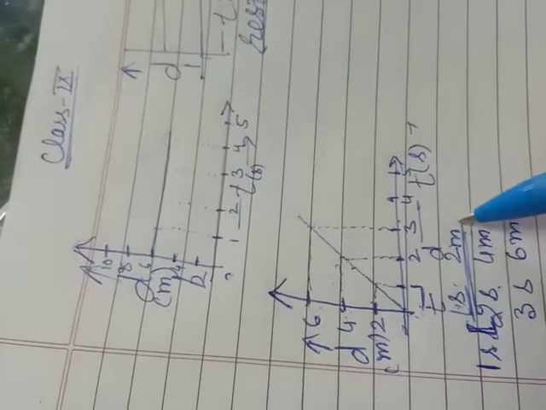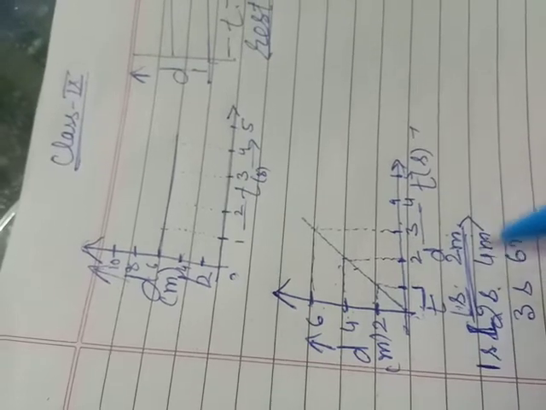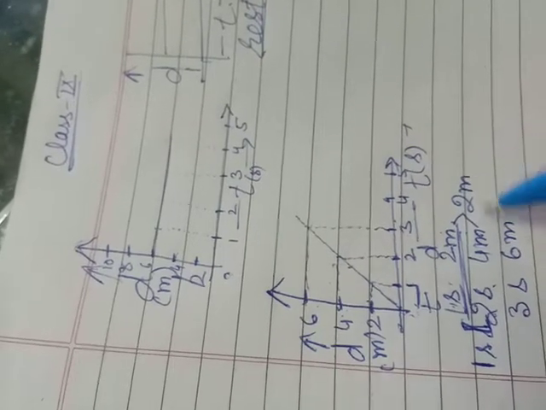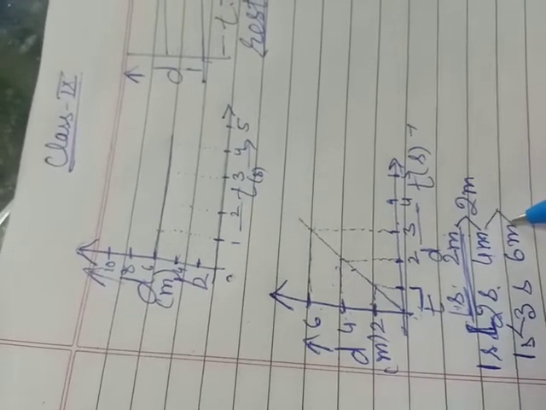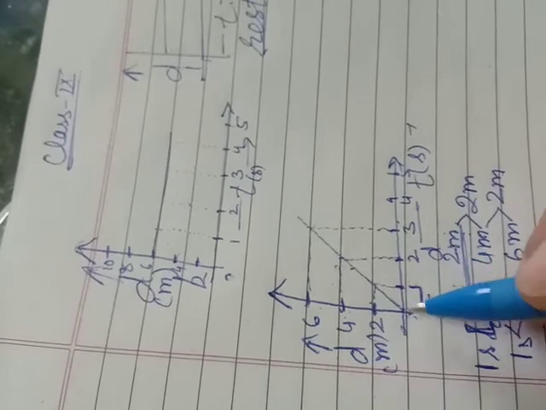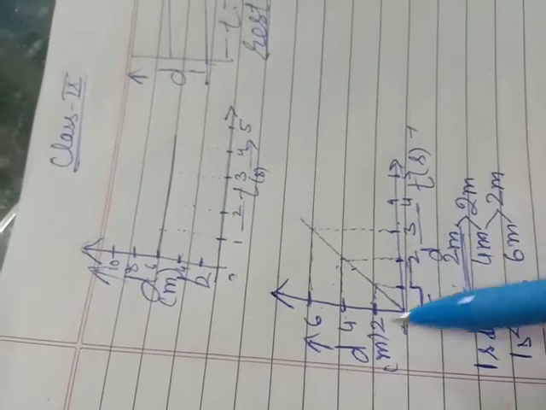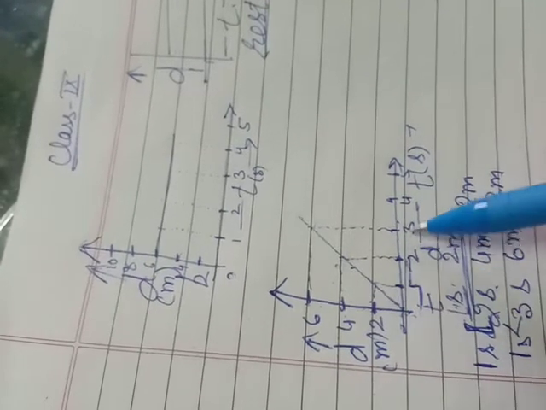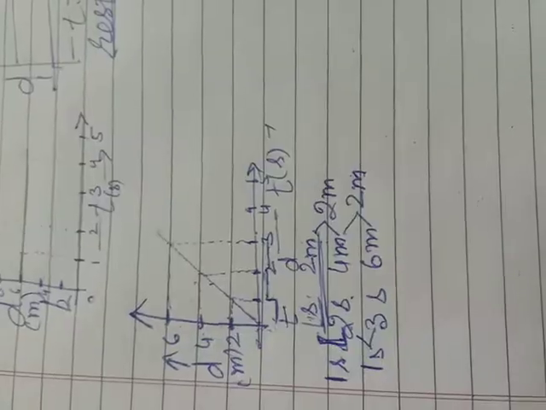So the distance traveled from 2 to 4 is 2 meters. In the next 1 second, the distance traveled is again 2 meters. So in the first second the distance traveled is 2 meters, in the next second again 2 meters, and in the next second again 2 meters.